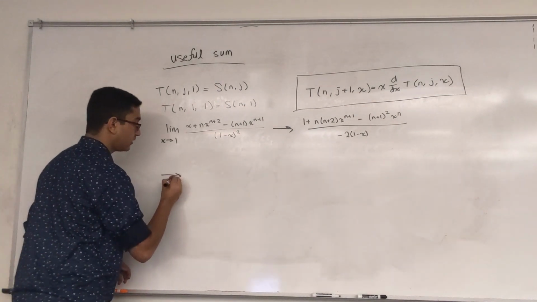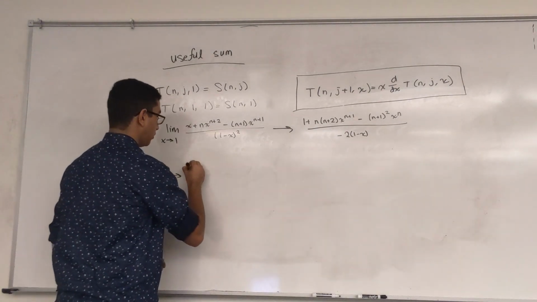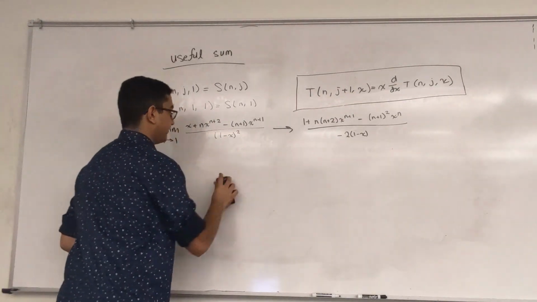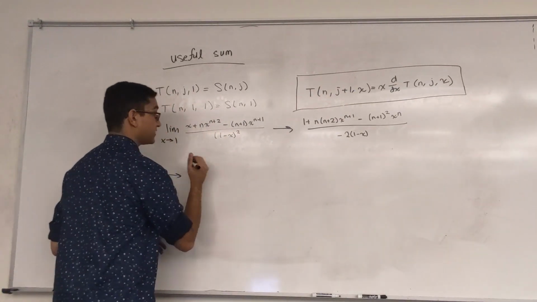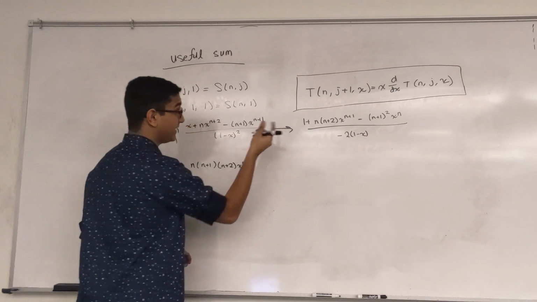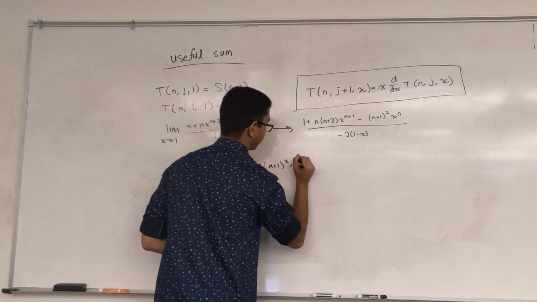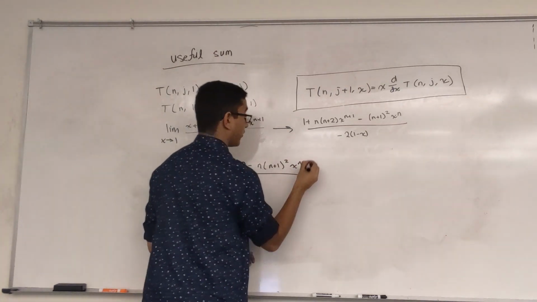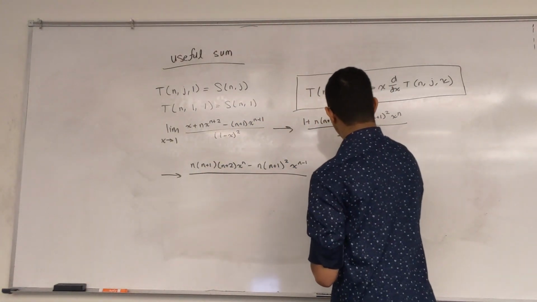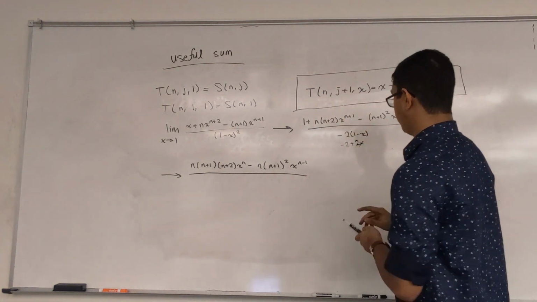So we'll take the derivative one more time. The derivative of 1 is 0. So we get (n plus 1)(n plus 2) x to the n, minus (n plus 1) squared x to the n minus 1, with the denominator being, and you can rewrite this as, negative 2 plus 2x, or 2x minus 2.